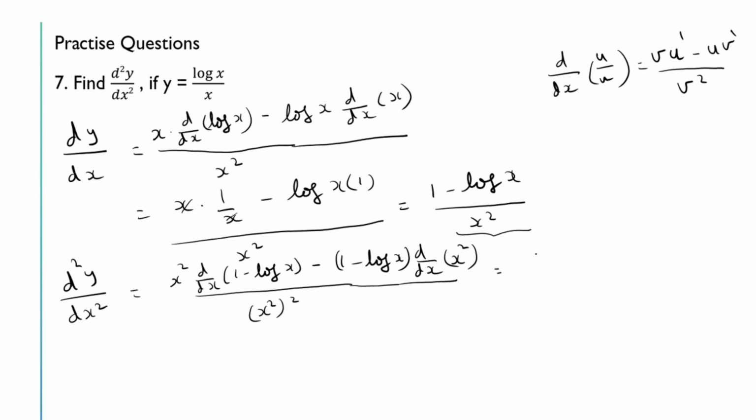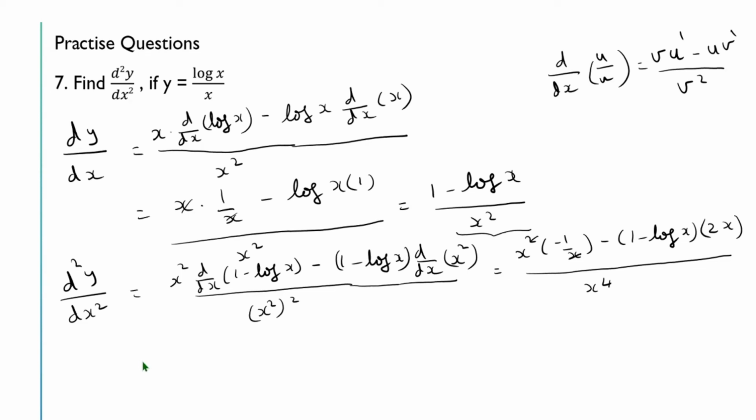So this is equal to x square into, here d by dx of 1 is 0, minus d by dx of log x is 1 by x. So it is x square into minus 1 by x, minus of (1 minus log x) into d by dx of x square, which is 2x. The whole divided by x raised to 4. So here it will be minus x.